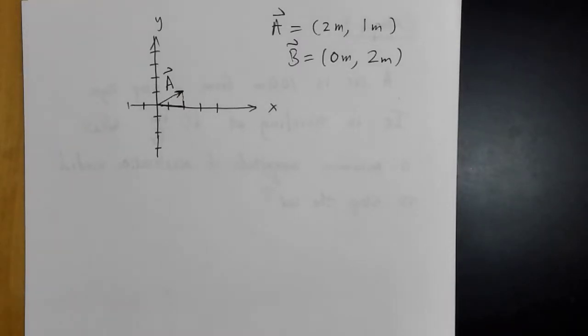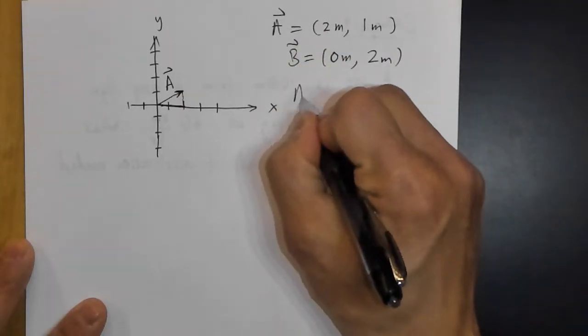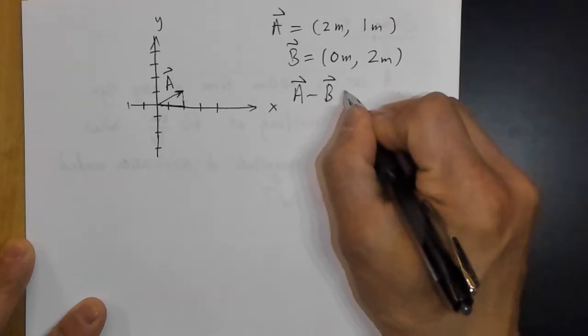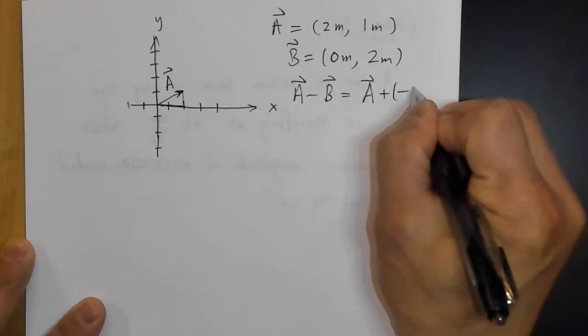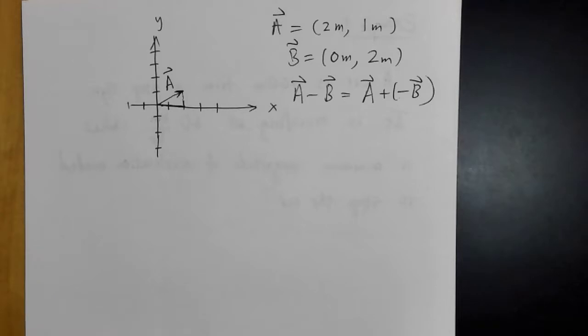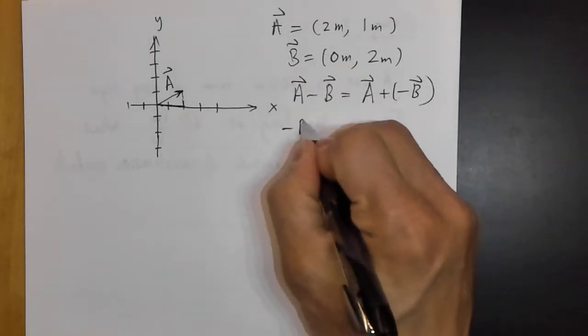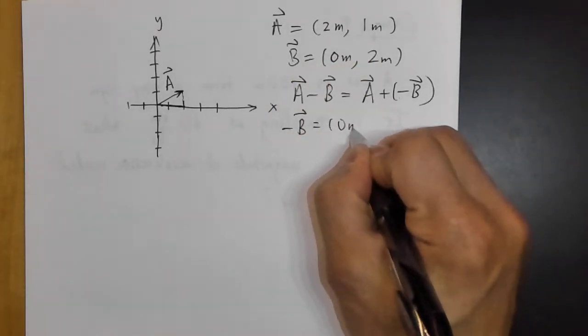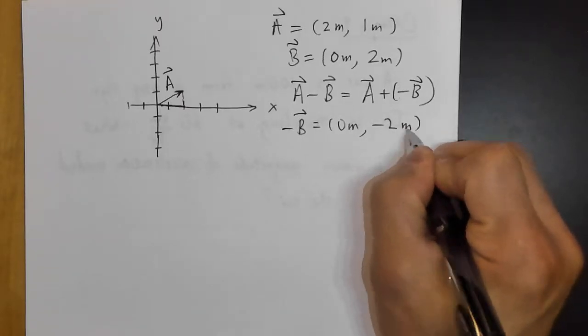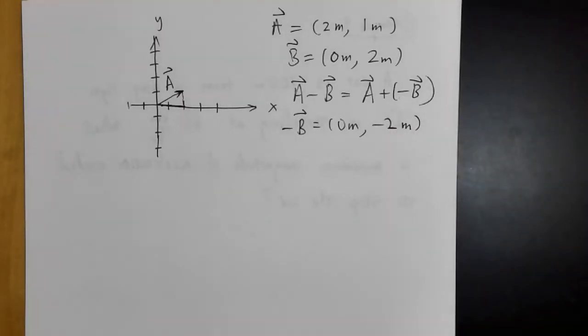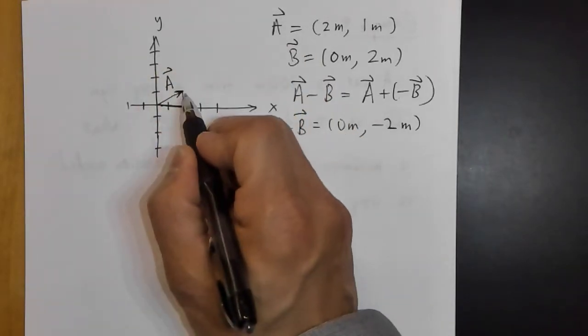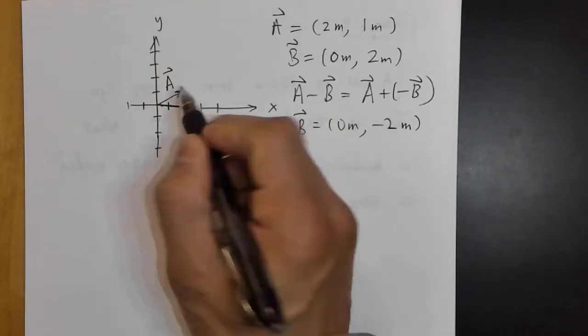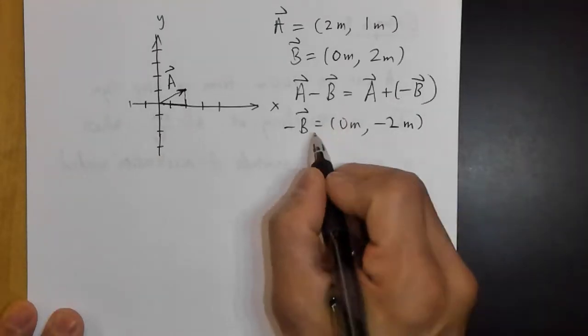Now B, well, I actually don't want B. I want to do A minus B, and so that's A plus negative B. Negative B, in terms of components, would be 0 minus 2 meters, so it's just the reverse of B. Now what we're going to do is go from the end of A, or what the book calls the tip of A, and go in the negative B direction.